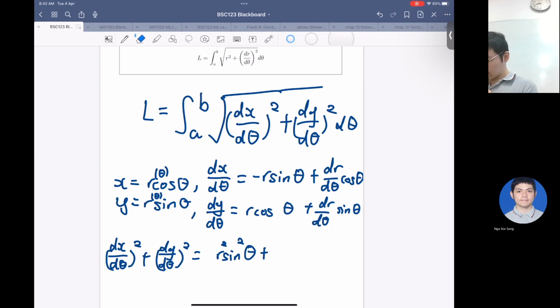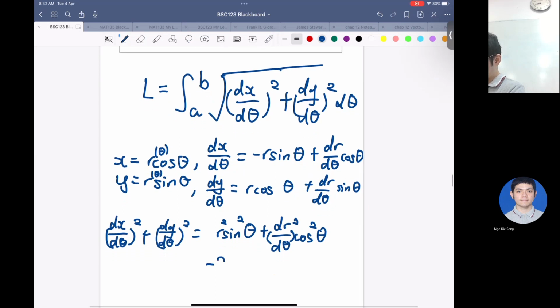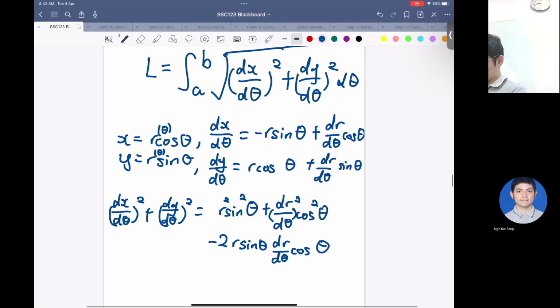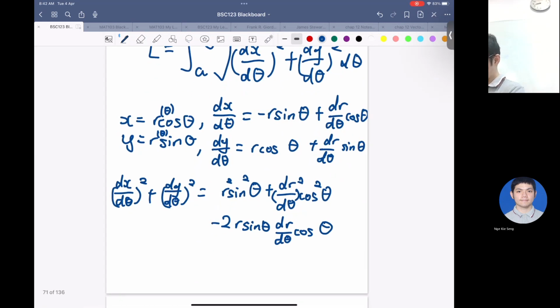See if you can expand these two guys. There's some rule you can use, right? Binomial expansion. And how about dy squared? r squared cos squared theta plus (dr d theta) squared sin squared theta.